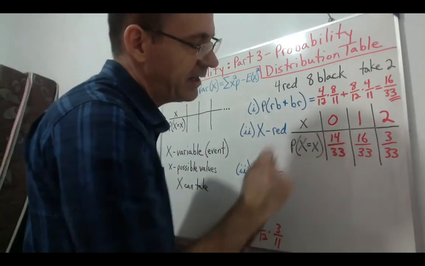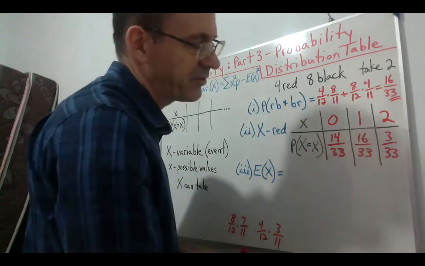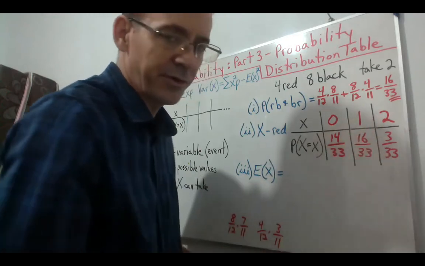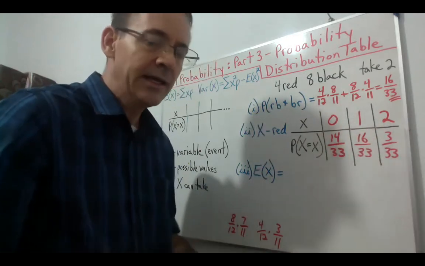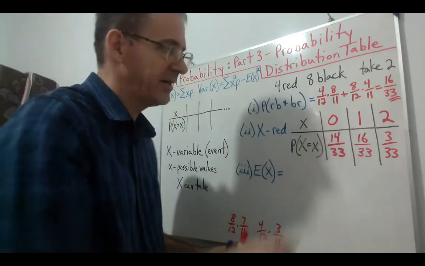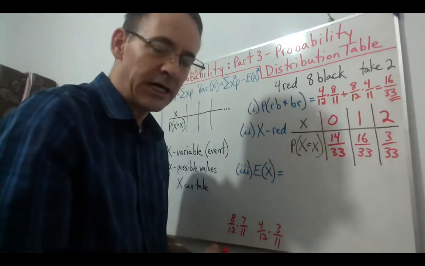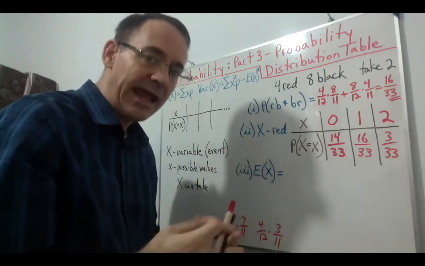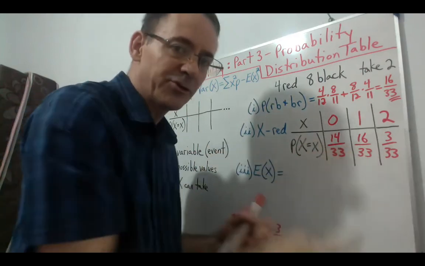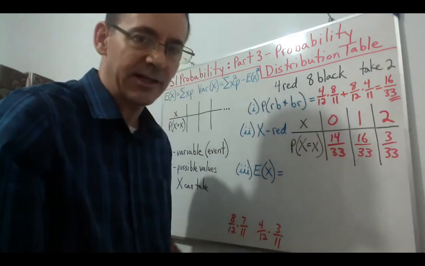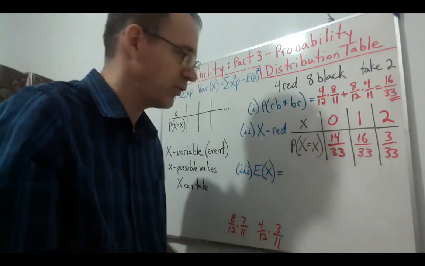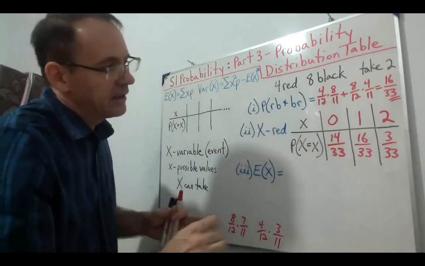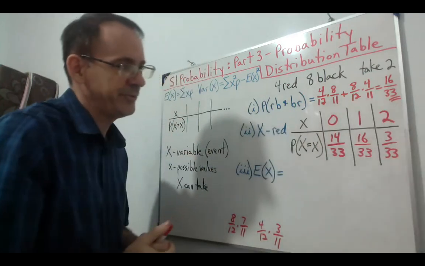So 16 and 14 make 30, plus 3 is 33/33. It does add up to 1. That should make you feel good that you've accounted for all the possible values that X can take, and that you've probably correctly calculated the probabilities for each as well. So that's the probability distribution table.